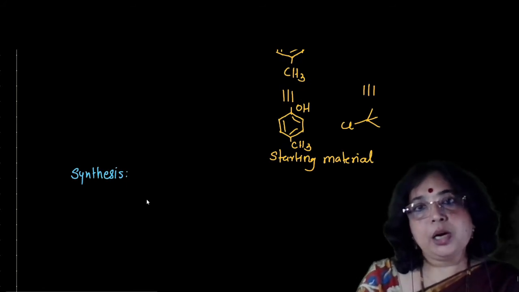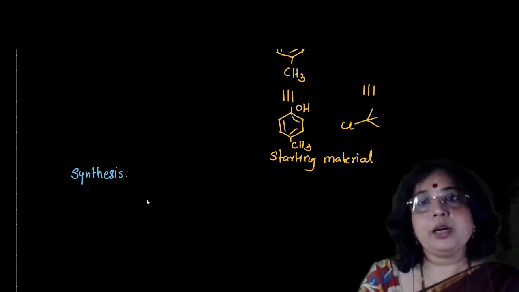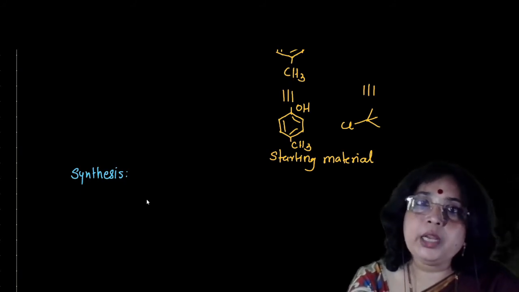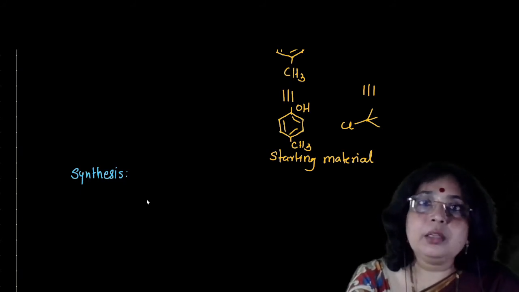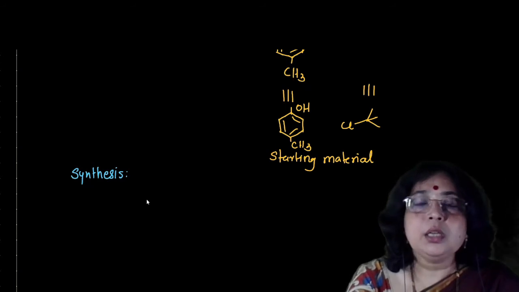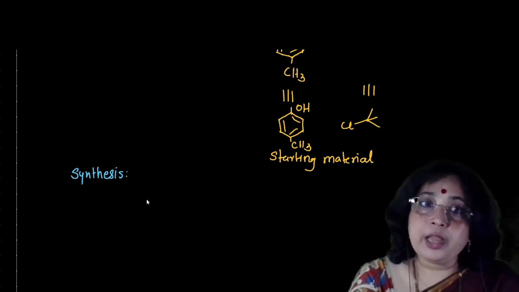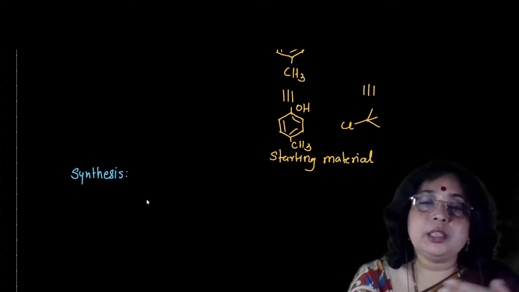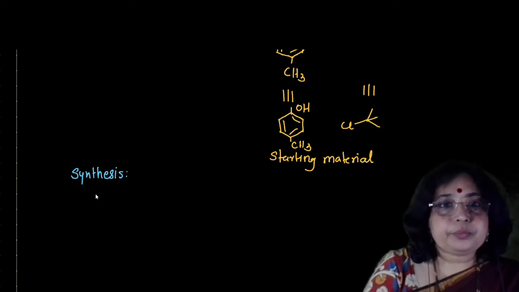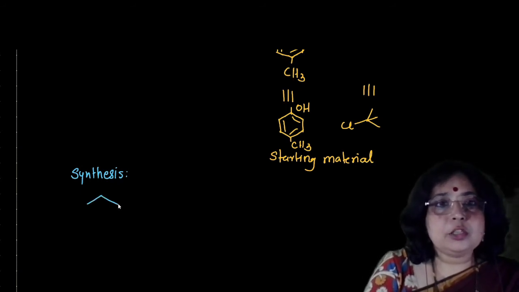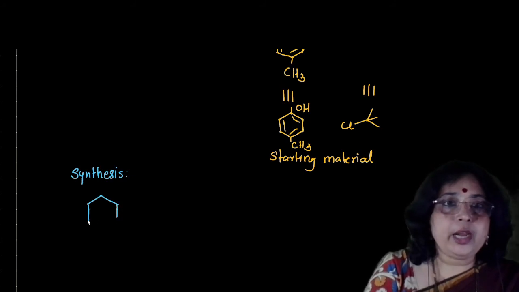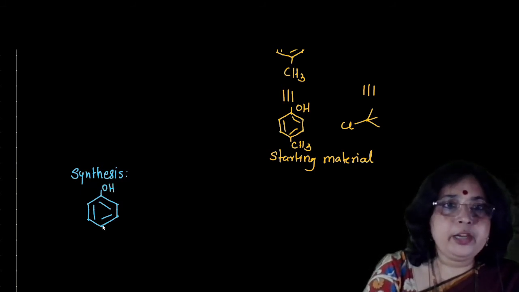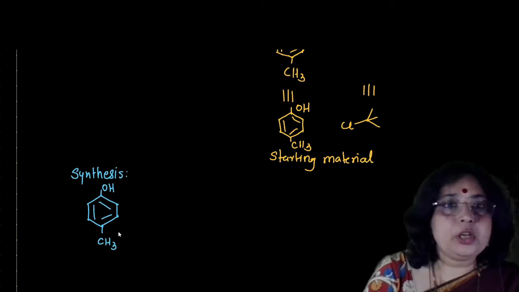Now in the synthesis part, we come to know whether the strategy I have designed and planned in the retrosynthetic analysis is in the right direction or not; that is verified in the synthesis part. So here I can start the synthesis of the target material, using the starting material I have obtained in the retrosynthetic analysis by applying the disconnection approach.